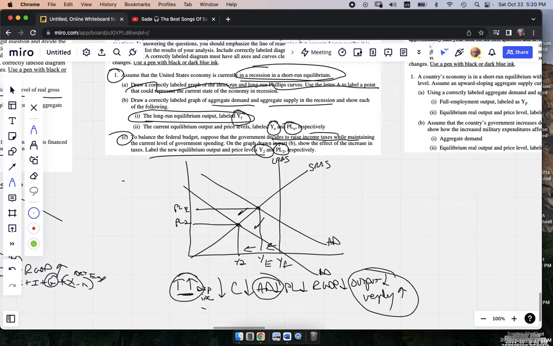So we're worse off than we were before. Easy enough. A recession, then the government increases taxes, this is called contractionary fiscal policy. The government can only do two things, government spending and taxes. They raise taxes, they're reducing the economy, making it go down.